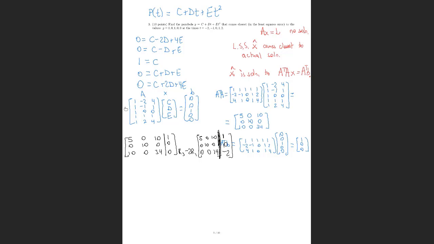And then here, it's already upper triangular, so I just write out the system of equations. I'll do 5 C hat plus 10 E hat is 1. Second equation, 10 D hat is 0. And then the last one is 14 E hat is negative 2.